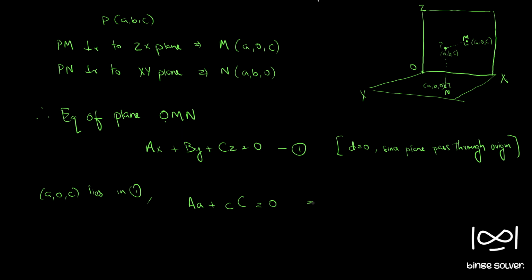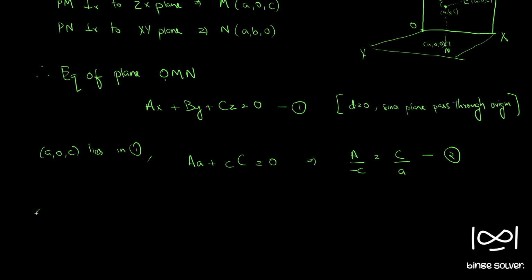Therefore, we have A/c = -C/a, since one sign will be negative. We will use this later, so let's mark this equation 2.